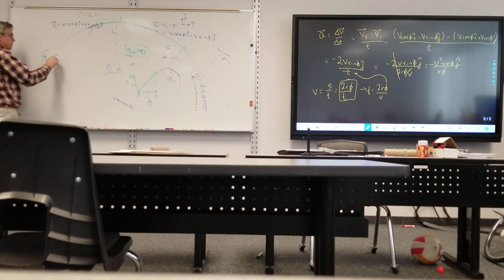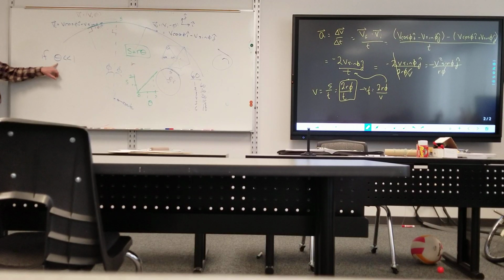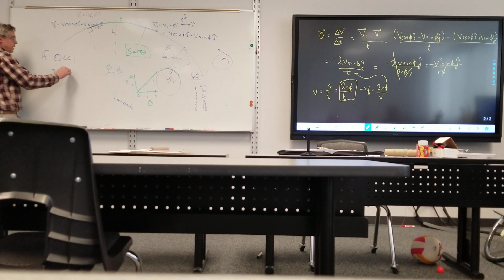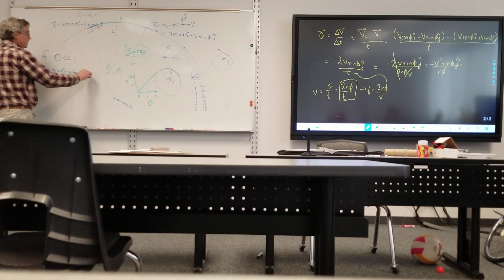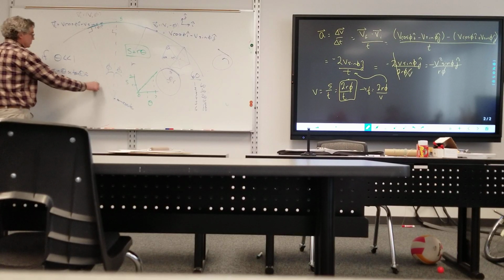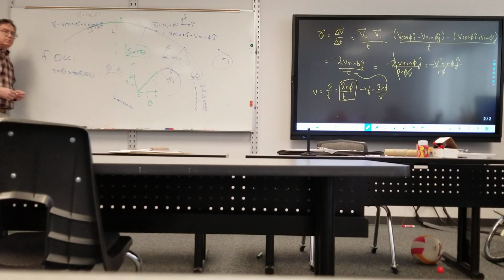If an angle is small, now this notation is that if theta is much less than 1, if you need something more specific, usually if it's less than 10% or 0.1, because I have no units after it, this has to be in radians. So if the angle is much less than 1 radian, then the sine of theta is approximately equal to the tangent of theta, which is approximately equal to theta.